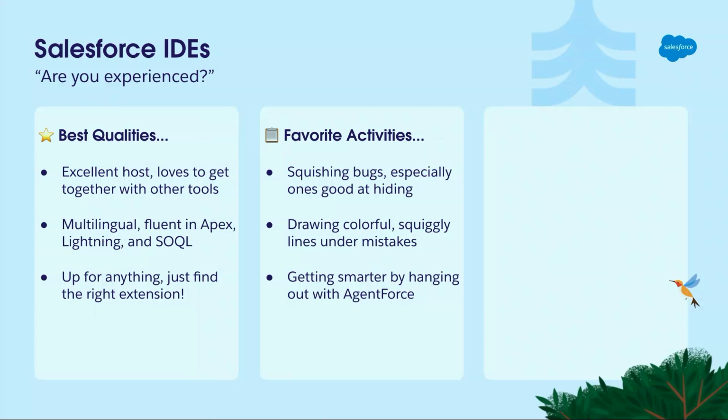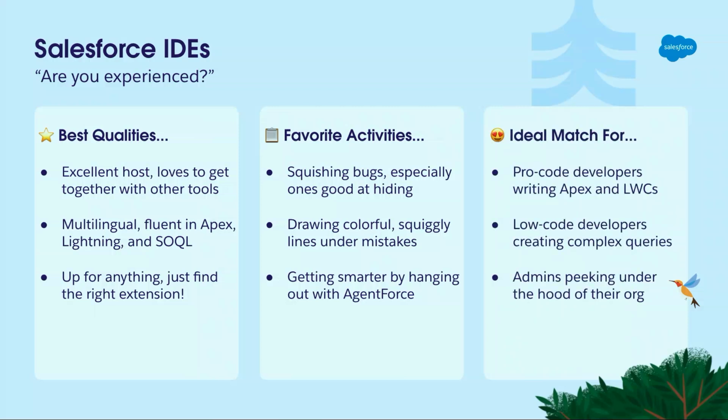That artistry is basically helping you figure out what's wrong with your code. That's part of those language servers, and you even get squiggles when you have integrations with Code Analyzer, one of the other things that come with the IDE. And finally, getting smarter with Agentforce. I talked about that. We're putting a lot of effort into making these tools smarter, and the IDE is a good place for that.